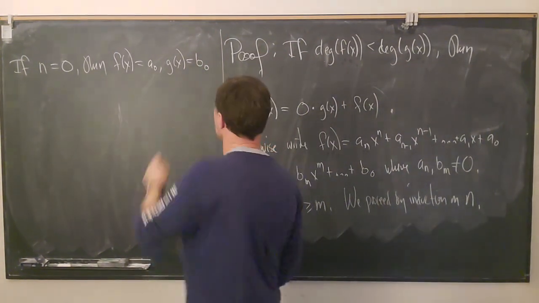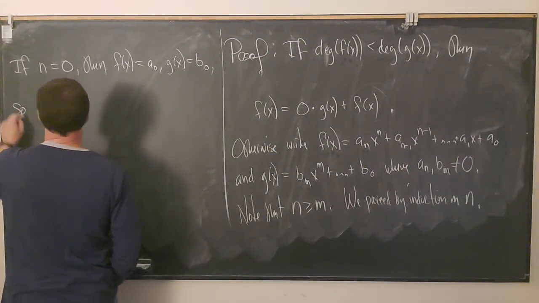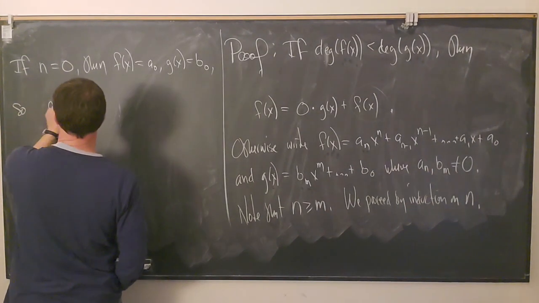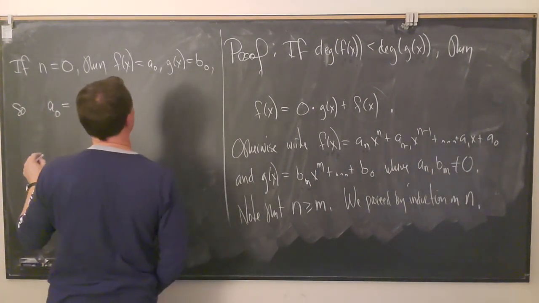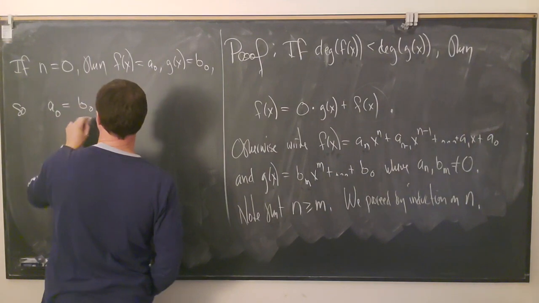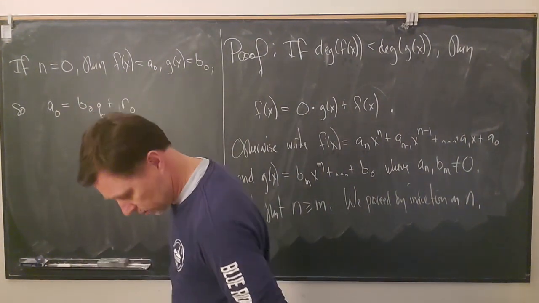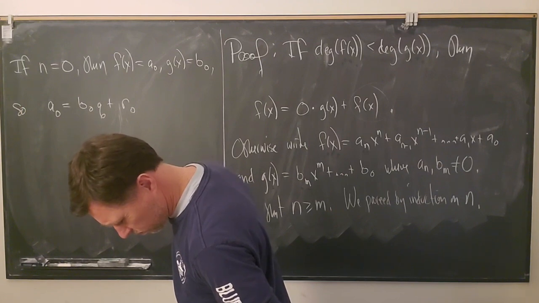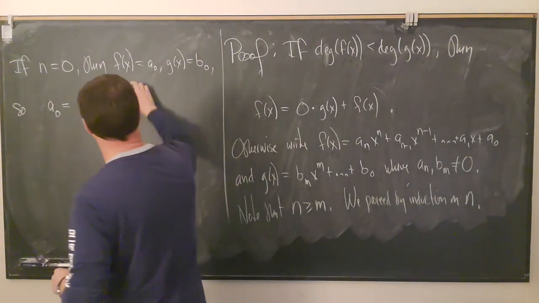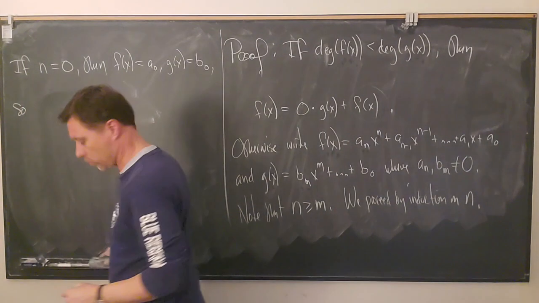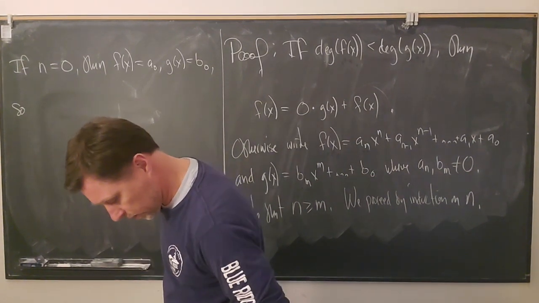So we have a0 is equal to b0 times q plus, say, r. Oh, no, sorry, plus 0. Sorry, I did something crazy there.